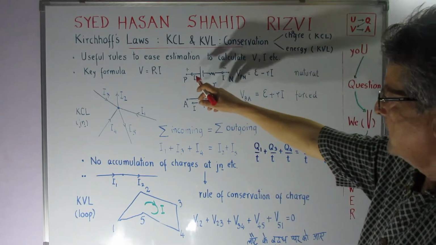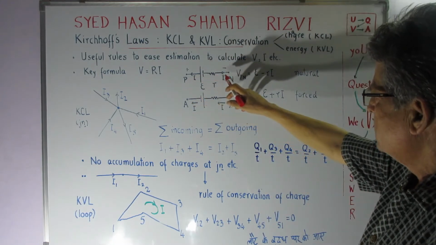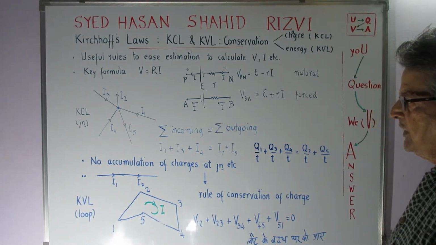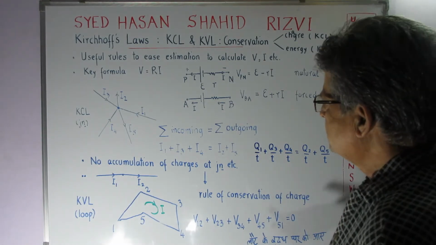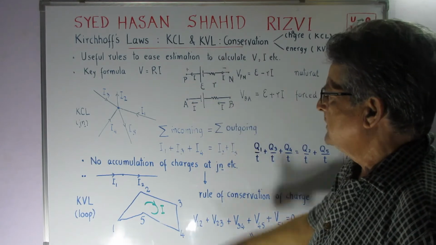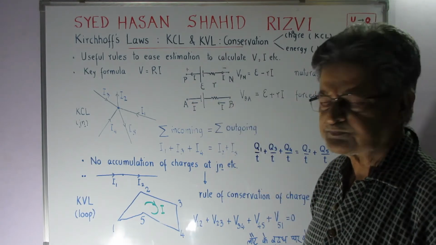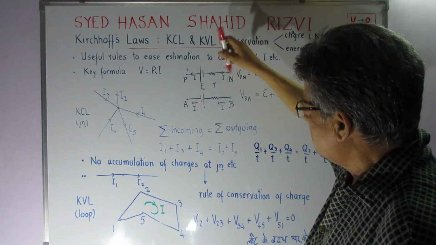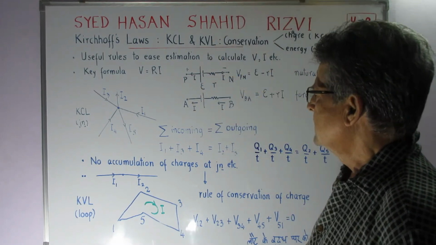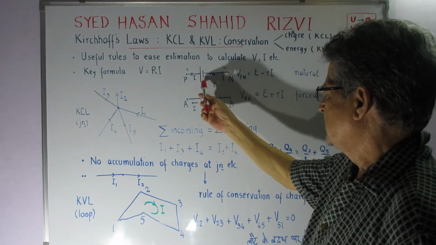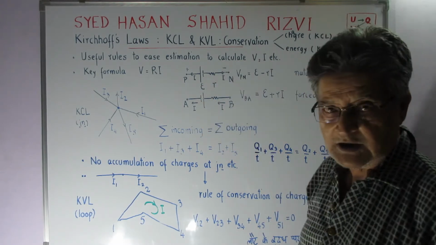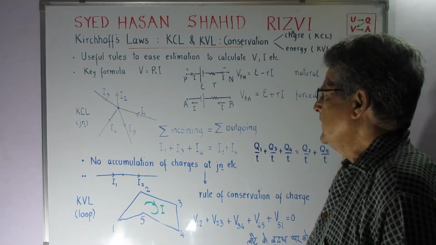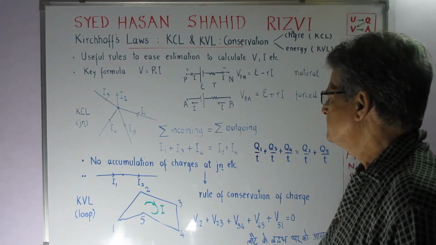So if we are moving from P to N, then you can see that from here to here there is no resistance, there is no voltage drop from here to here, but from here to here, this is the cell with an EMF, an ideal cell, in series with an internal resistance.